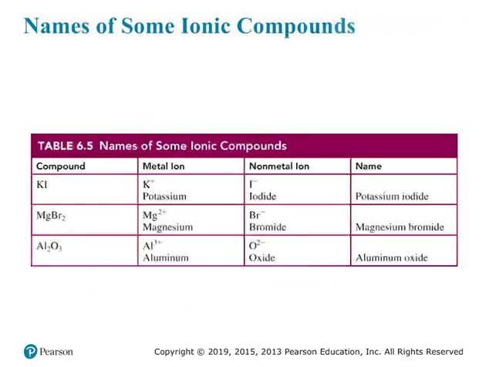So again, we just saw how to name potassium iodide. If we go down in this table that's found in your textbook, we have magnesium bromide. Now, notice that in this particular compound, we have one magnesium ion and two bromide ions. However, we don't have to indicate how many of each ion we have in the name.